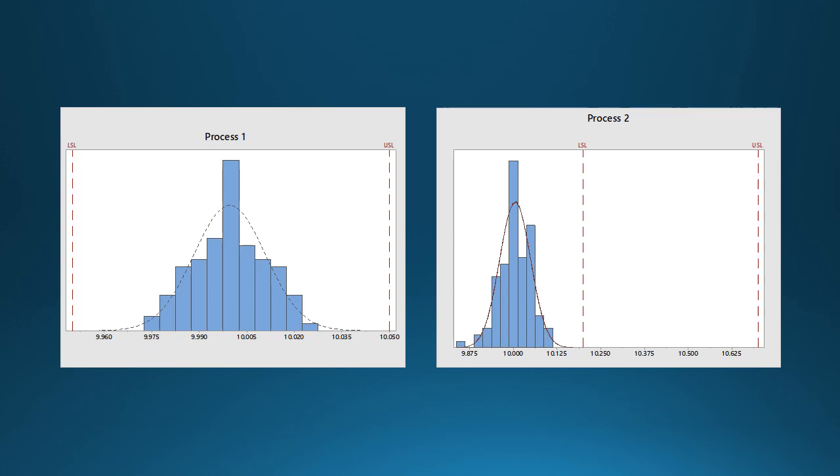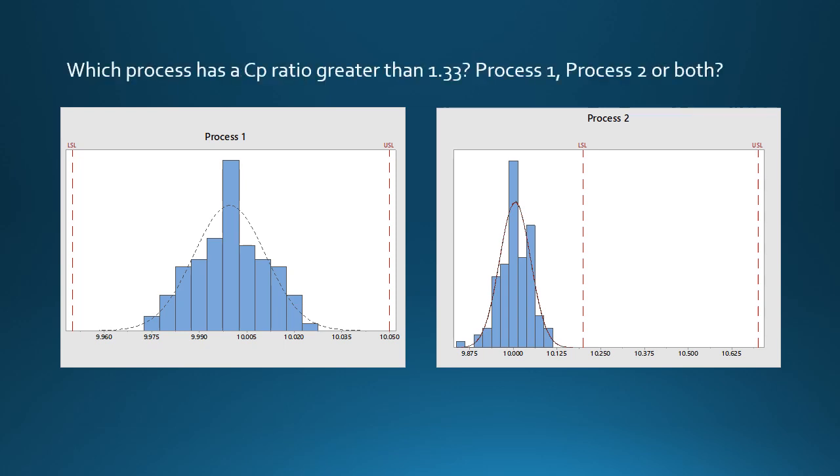So which of the following processes has a CP ratio greater than 1.33? Both processes have a CP value greater than 1.33, but only process 1 produces parts that meet the specification. Notice that CP can provide misleading information if the process is not centered between the specification limits.